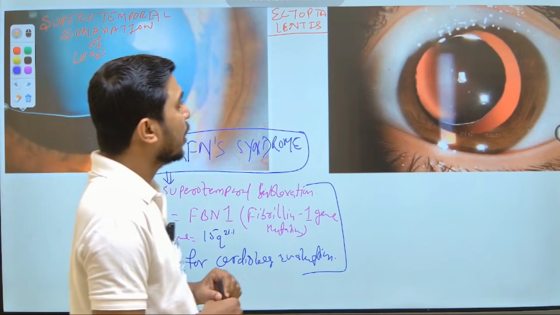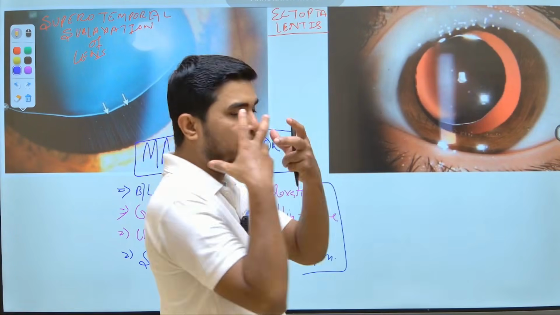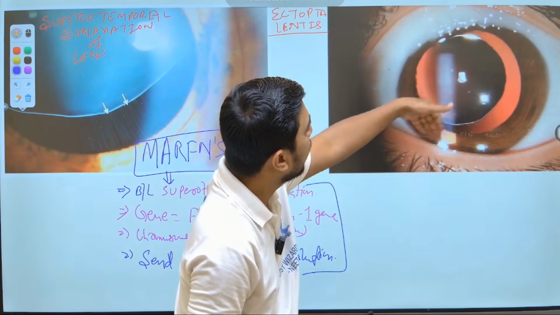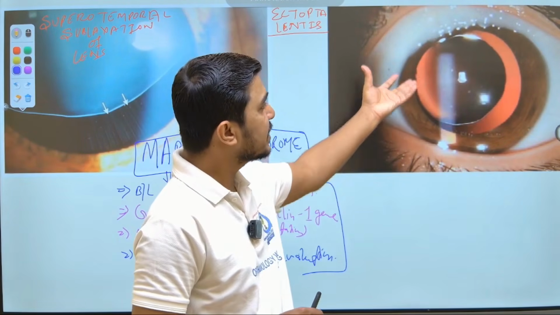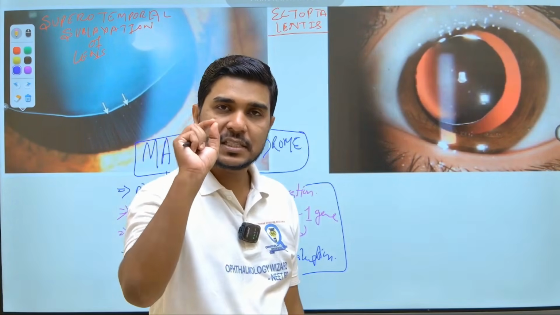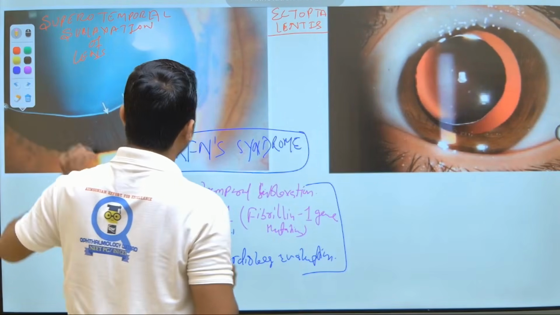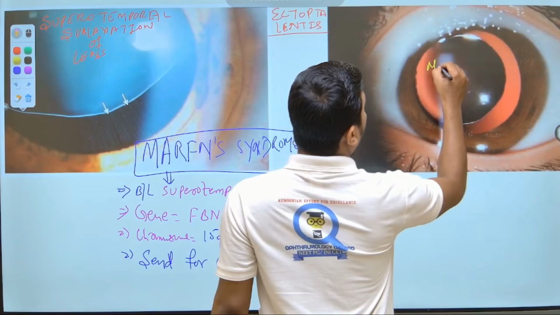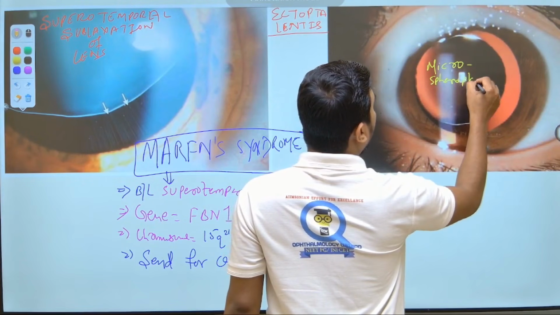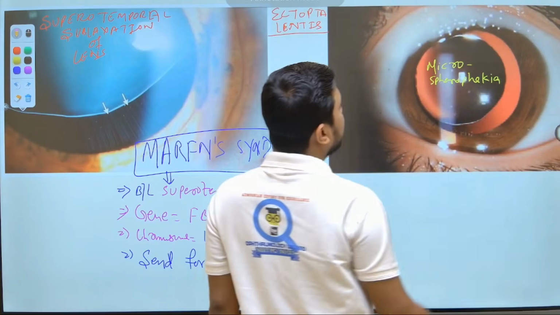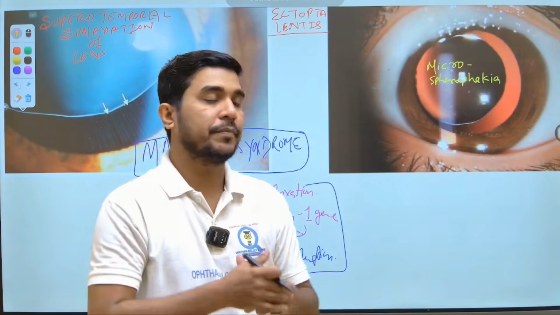Now, coming to this image, when the pupil is dilated, you can see all of the lens. If you can see all of the lens, that means the lens is small, and that is why I will call it microspherophakia. This microspherophakia is seen in which condition?